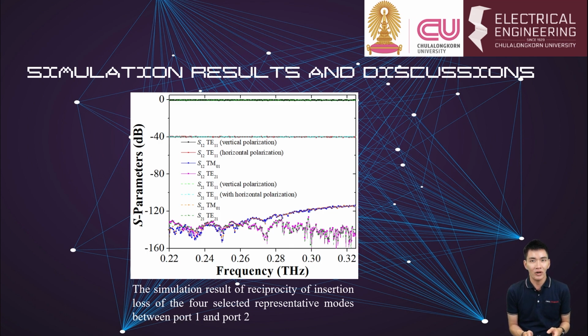For TE11 mode with vertical polarization, the insertion loss is nearly zero in both directions, indicating that the TE11 mode with vertical polarization at port 2 is well matched to the TE10 mode with vertical polarization at port 1 as well.